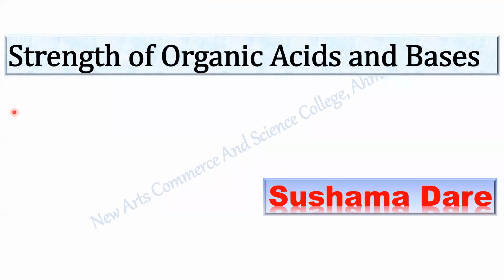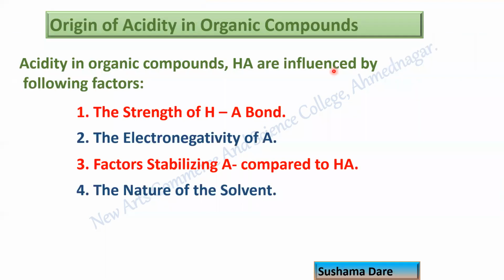Dear students, in this video, I am going to continue the next part of strength of organic acids and bases. In this video, what are the different factors responsible for the strength of the H-A bond?